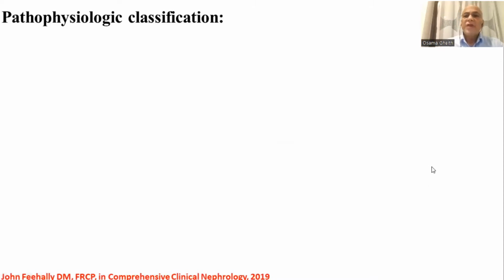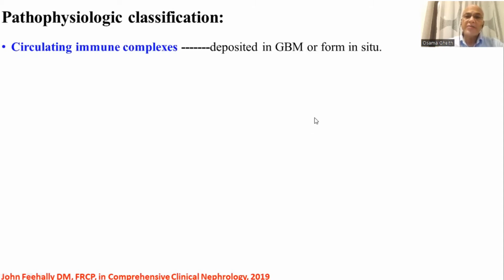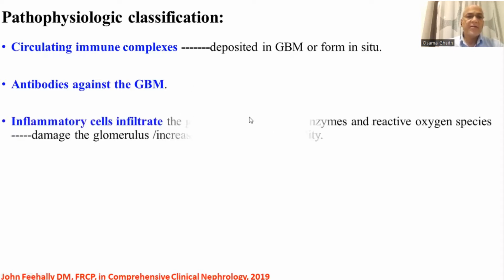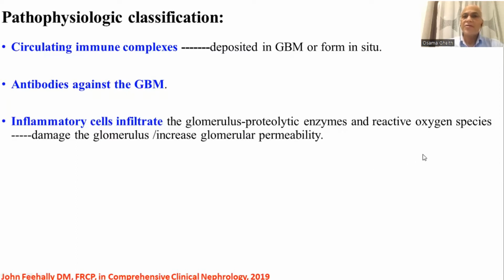Pathophysiologically, glomerulonephritis could be due to circulating immune complexes which will be deposited or formed in situ in the glomerular basement membrane. Also, it may be due to antibodies against the GBM itself, or inflammatory cell infiltration affecting the glomerulus with release of proteolytic enzymes, oxygen-free radicals, and tissue injury, increasing glomerular permeability.